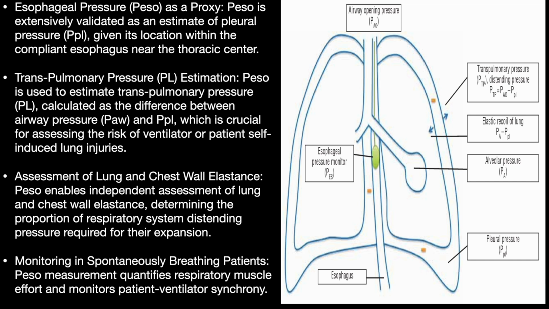Monitoring in spontaneously breathing patients quantifies the respiratory muscle effort and helps us in knowing about patient-ventilator asynchrony. So the whole idea is to find out the transpulmonary pressure, which will help us in reducing the damage that is caused because of the ventilator.